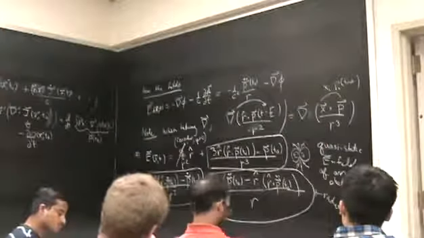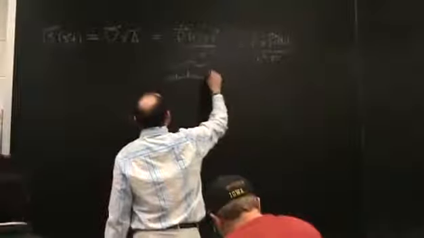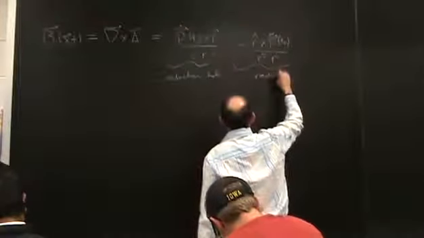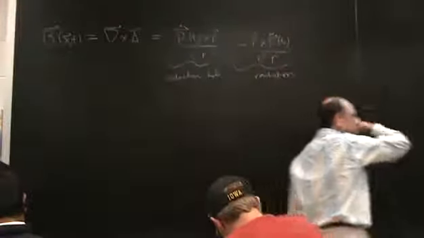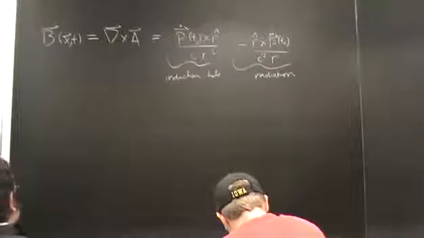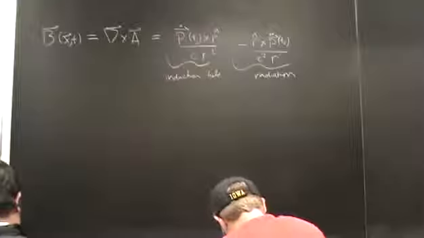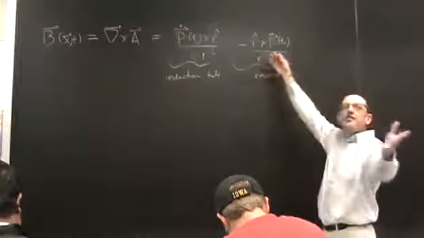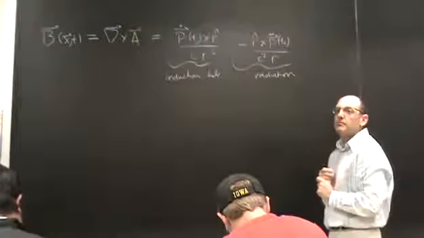Similarly, this is the induction field, and this is radiation. Why do we call it as such? Well, the important thing is, how does the field fall off as a function of the distance from the origin?